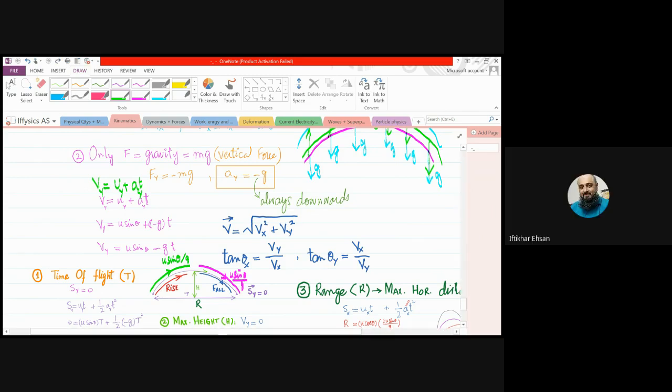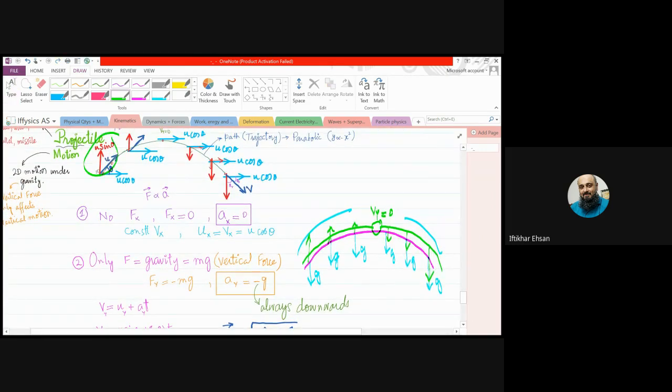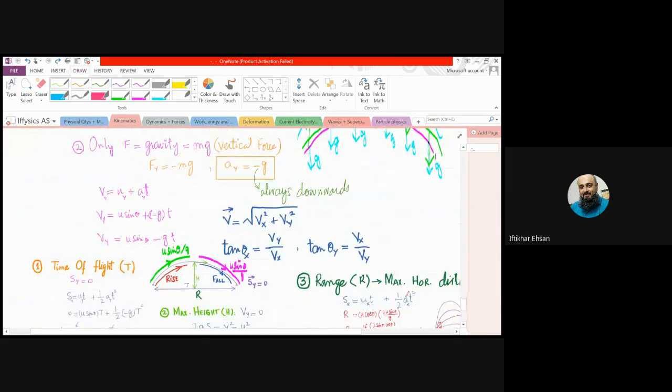So if we have to find the vertical component at any time after projecting, the initial vertical component we know is u sin theta. So we will use this formula, and the initial vertical component is u sin theta. And I have already mentioned we always take the vertical acceleration to be minus g.